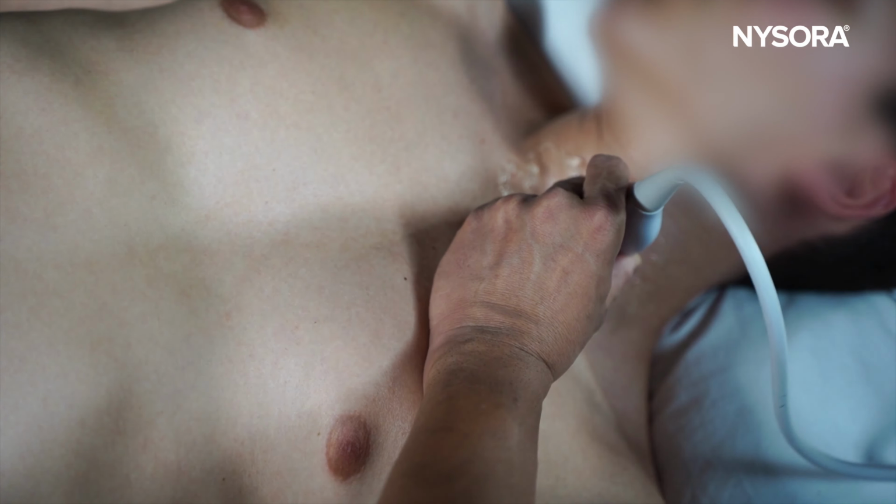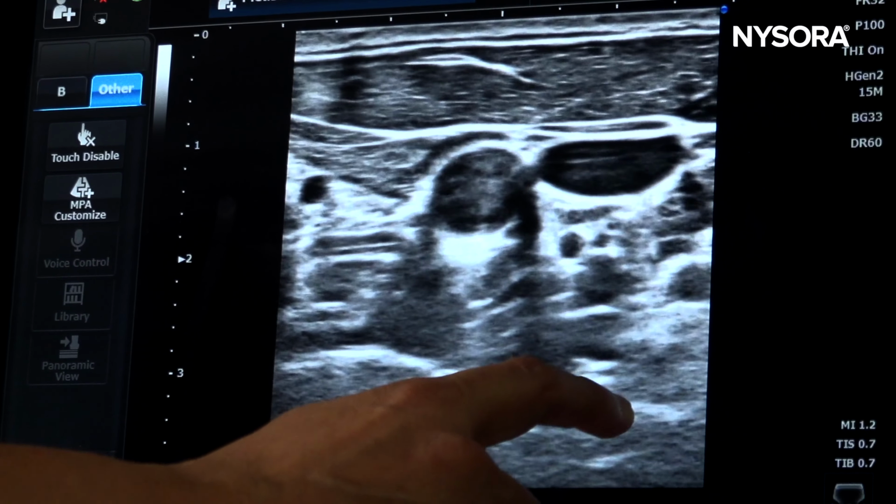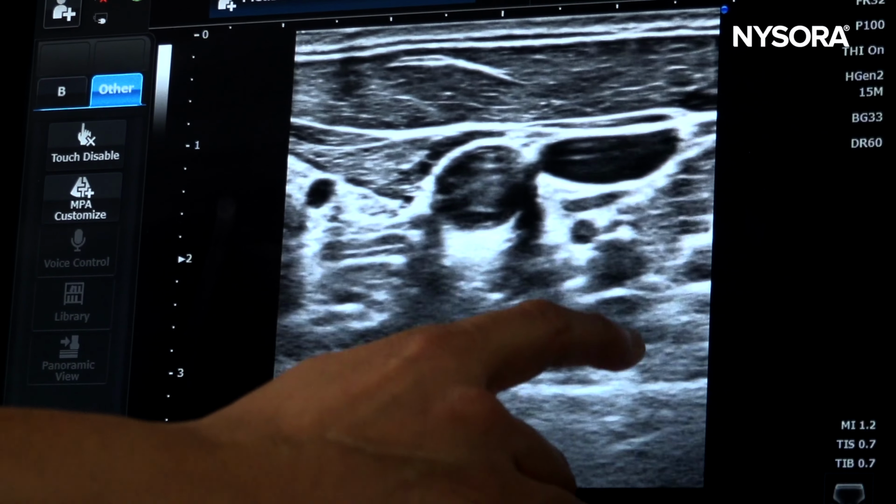You move lateral, you have the C7 vertebra, because you can see the vertebral artery pulsating. Now we are moving up. When you move up, you will see the anterior tubercle of C6 along with the longus colli muscle. And now we just slightly moved up, and now you can see the longus colli, longus capitis, and the prevertebral fascia.